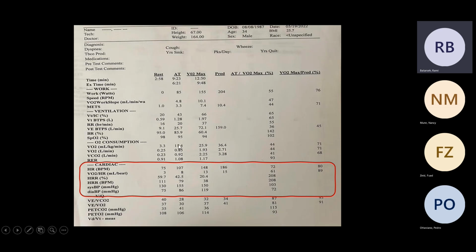So like Dr. Megri said, it's VO2 at anaerobic threshold out of predicted. Yeah. Should be more than 40%. I don't even look at the numbers on the right. So do the math by yourself. The divisions and everything, I do it by myself. Yeah. All right. So cardiac parameters.